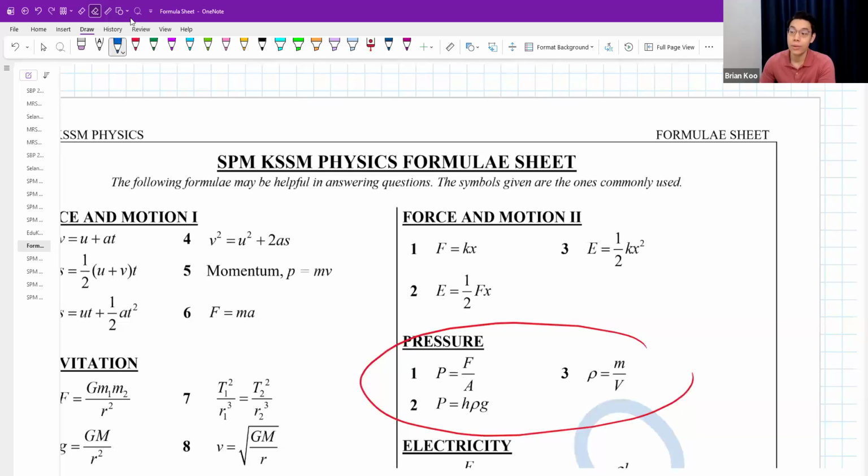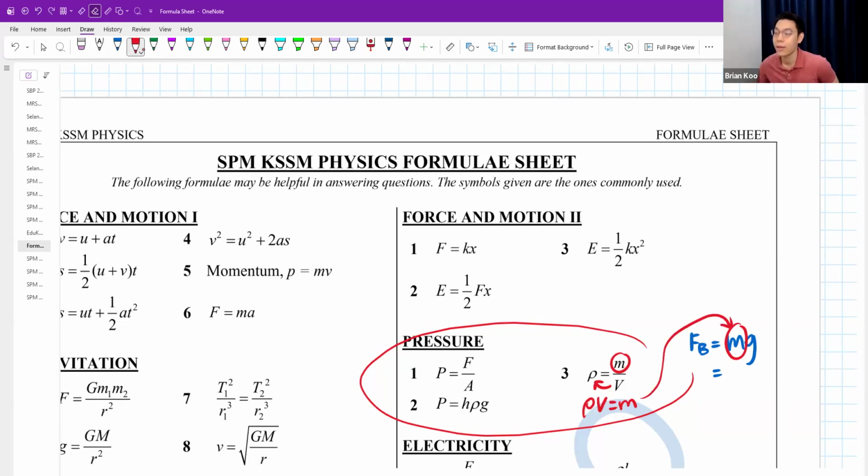But according to Archimedes' Principle, the buoyant force is always equal to the weight of water displaced, weight of liquid displaced. Weight is mg. Normally we don't have the mass, so we need to change mass to density times volume and sub that in.